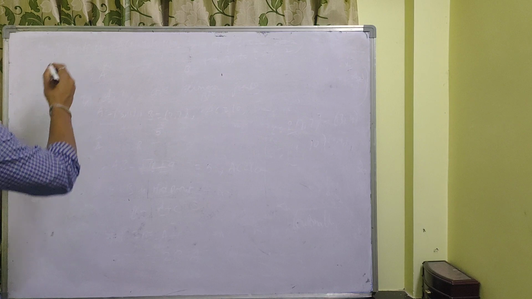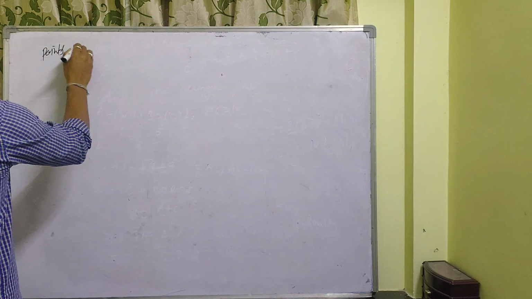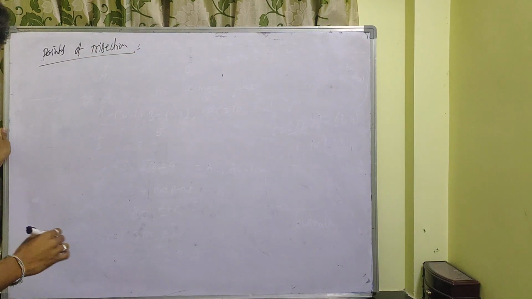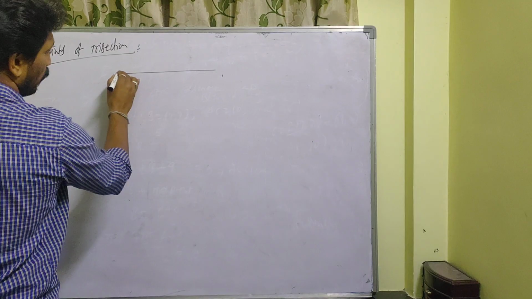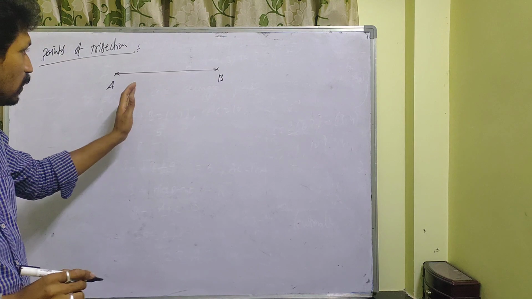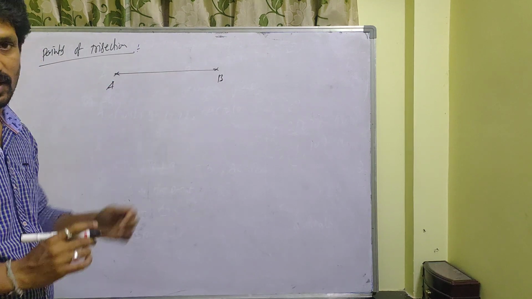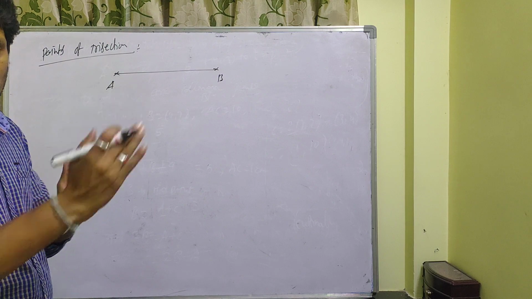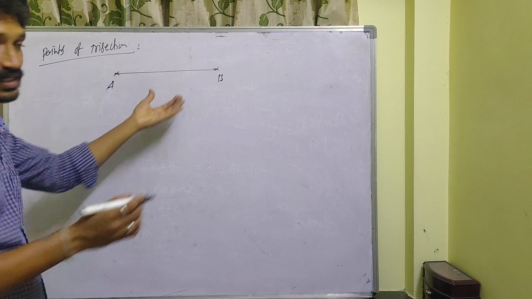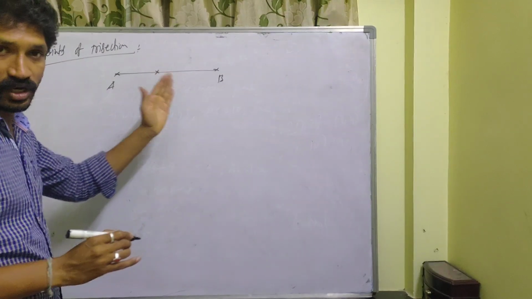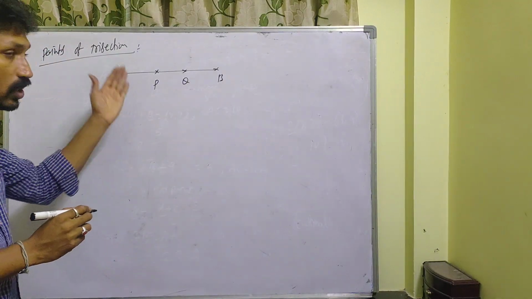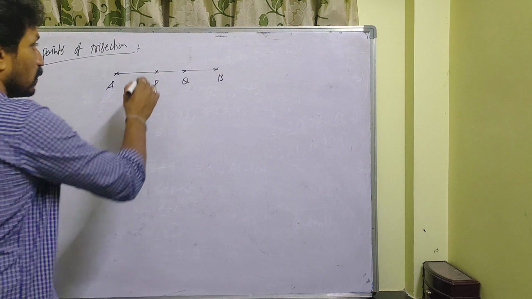Next concept is points of trisection. Points of trisection means, if it is the line segment AB and the points divide AB in the ratio 1:1:1, that means it has 3 regions formed by 2 points P and Q. So 1:1:1 trisection gives three equal parts.